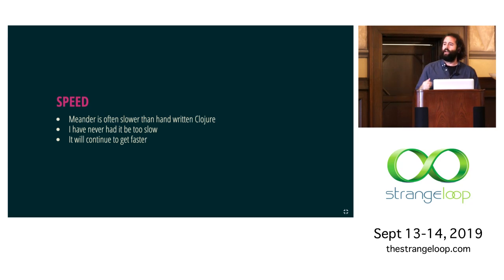We've been focusing on the problems that you want to solve. We've been focusing on the data that you care about and giving you a way to talk about it directly. A way that kind of looks like how you'd talk about it on the whiteboard. We want it to be clear what's going on. I can send Meander code to somebody else who doesn't know my problem, and they should be able to understand what's going on because they can see the data structure. So that's what we've been focused on.